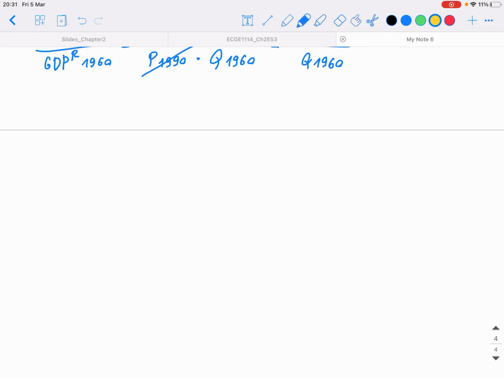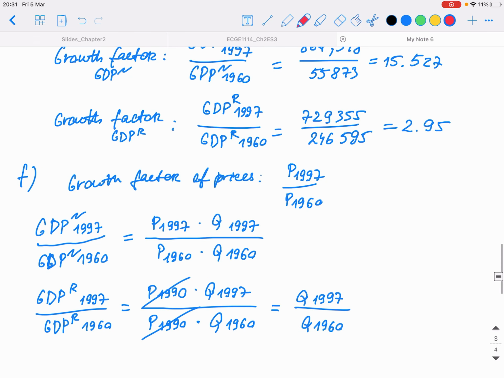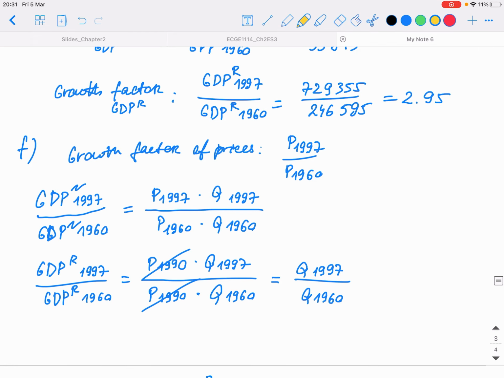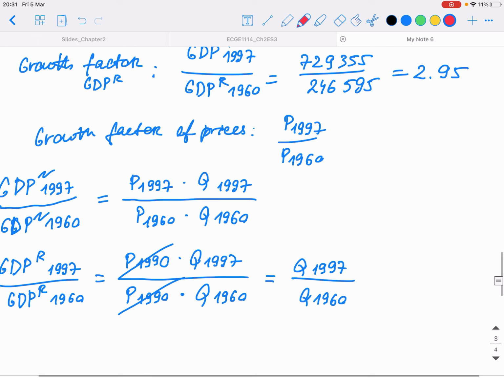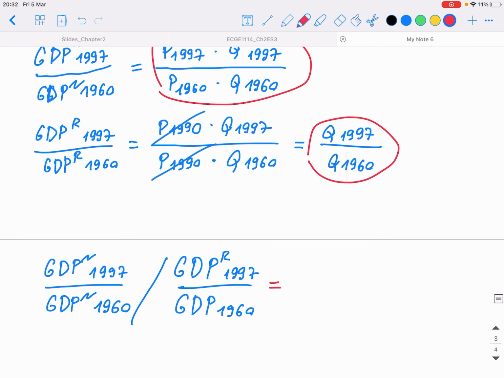If we take the growth factor of nominal GDP over the whole period, and we divide by the growth factor of the real GDP for the same period, we just rewrite it here.